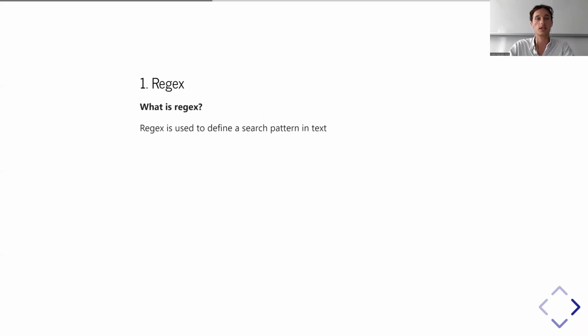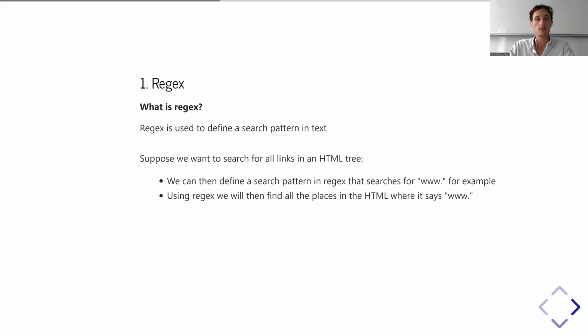But first, regex. What is regex? Regular expressions are used to define a search pattern in text. Suppose we want to search for all links in an HTML tree. To search for all links, we can define a search pattern in regex that searches for, for example, www dot, and that way find all URL links.